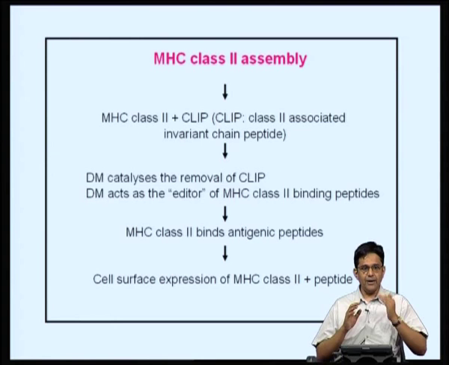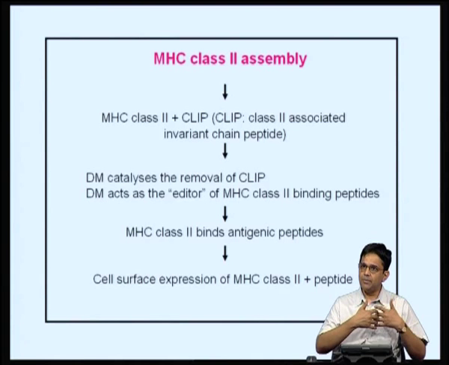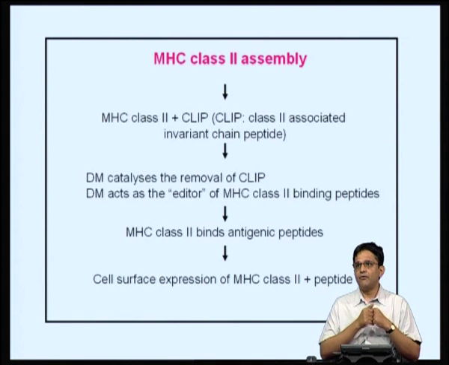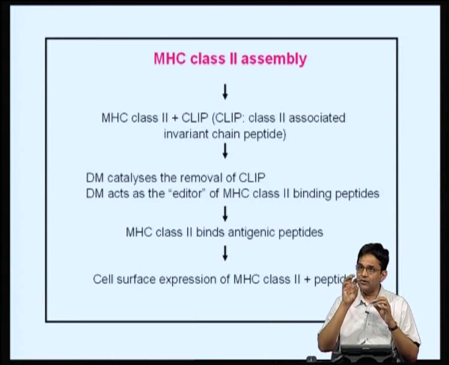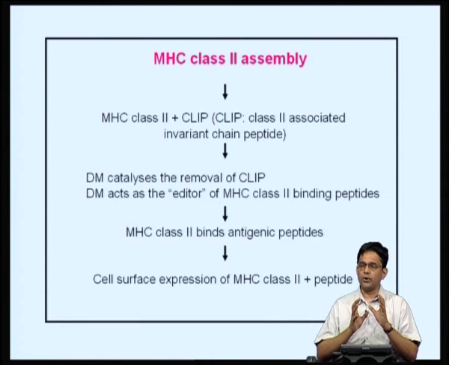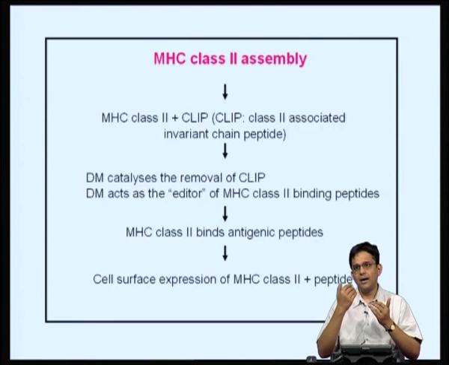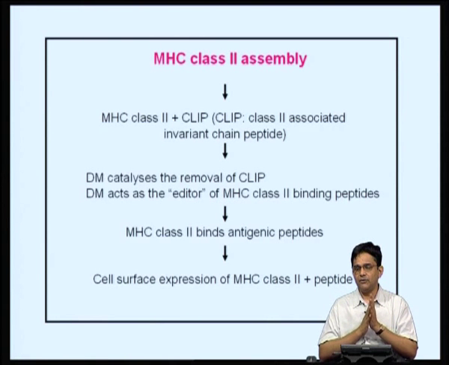Antigens that are generated within the cytosol are by and large presented via the MHC class 1 pathway, whereas pathogens that enter via lysosomes or are endocytosed have their peptides generated in the M2C, and therefore those peptides are expressed by the MHC class 2 molecules. So from the cell's point of view, it has taken care of both the endogenous and the exogenous pathways by which proteins are processed and can enter cells.